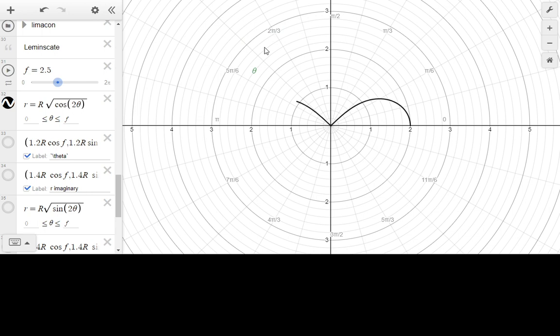So notice what happened. As soon as we pass through this 3 pi over 4, double of that is 3 pi over 2. So double of that has passed through this point. Cosine of that starts to become positive, and the curve starts to reappear. Now the interesting thing I promised to show you is that this has a sharp corner at this point.